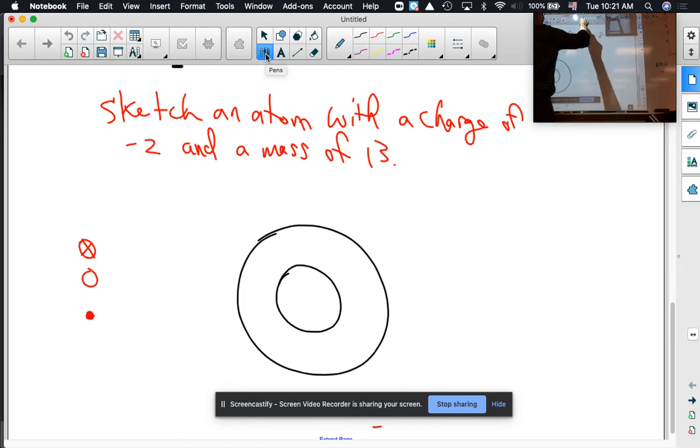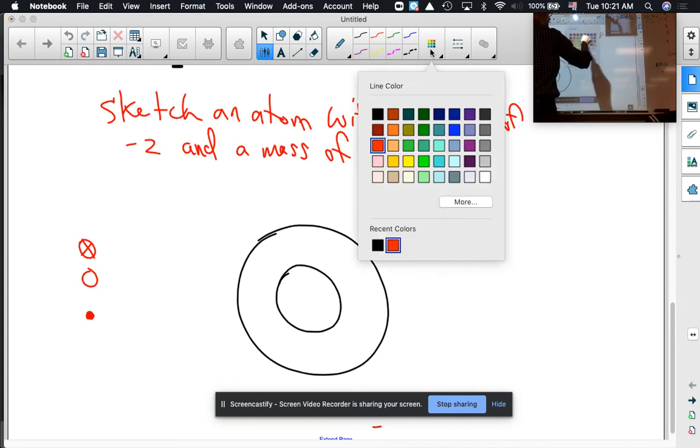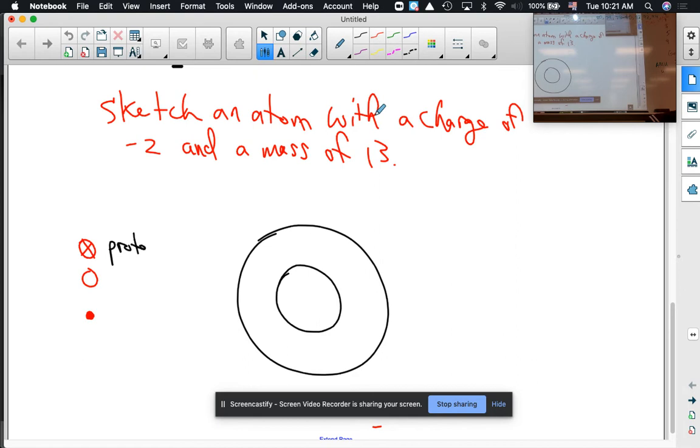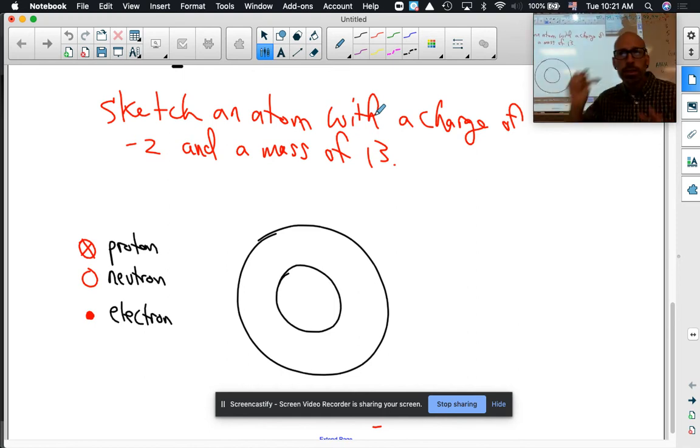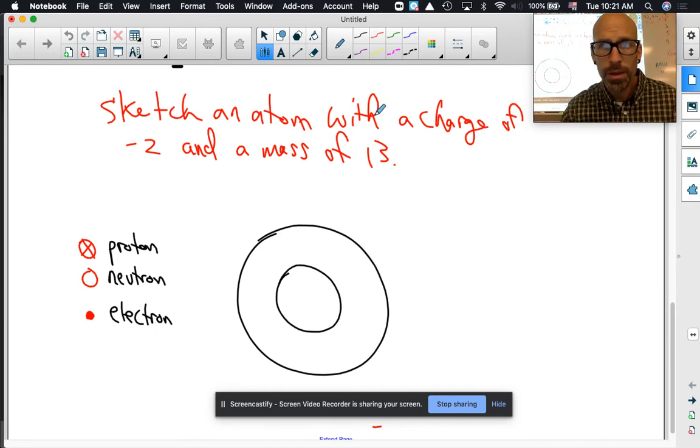That might be the easiest way. And then I will say, that's my proton, that's my neutron, and this is my electron. Up to this point, you've been using the Build an Atom simulator, but now you need to try to do this on your own without the simulator.